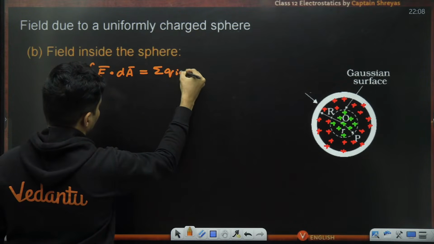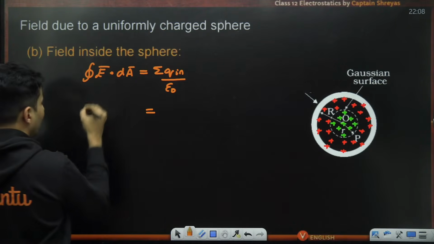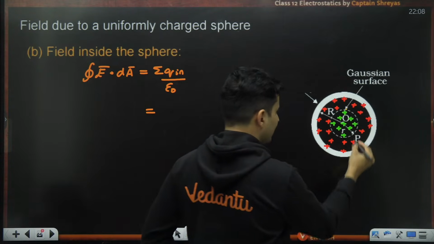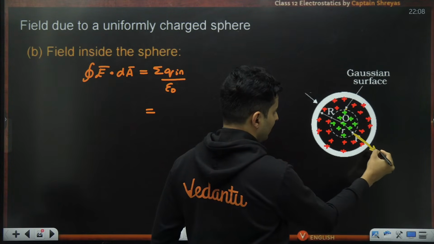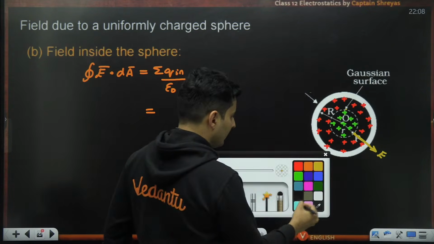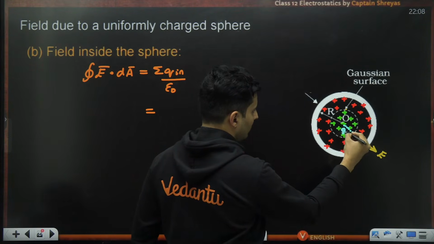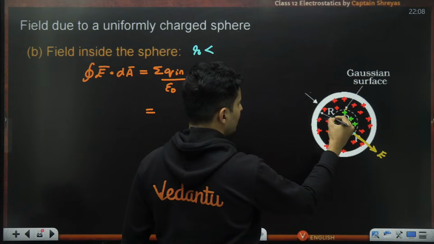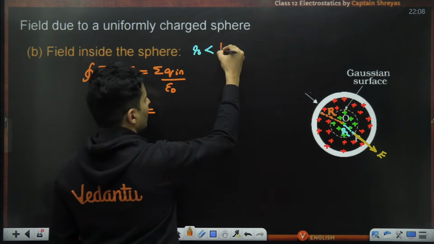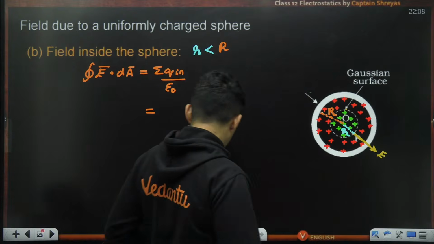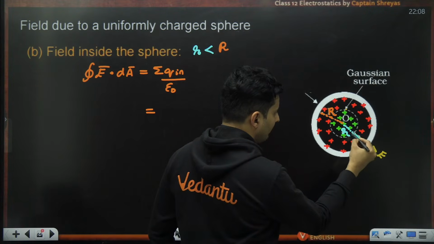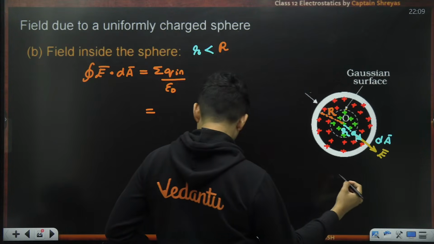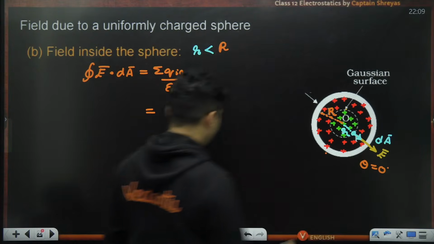So, when you apply Gauss's law, and you say it is net charge inside by epsilon naught, well, over here, this electric field at this distance r, where this small r is less than capital R, then you will see again at every place that the area vector which you take is parallel to our electric field everywhere.